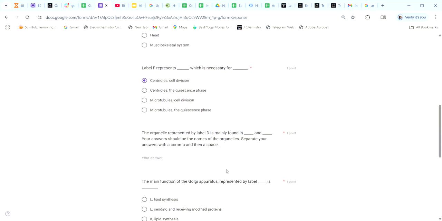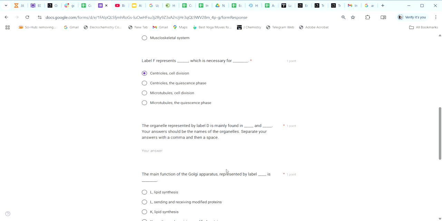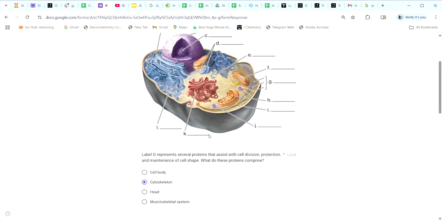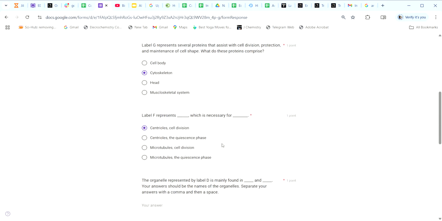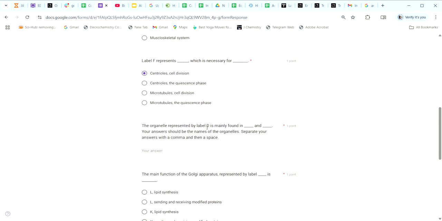Okay, so next is the organelle represented by level D. Level D, okay, so it's mainly found in which portion?